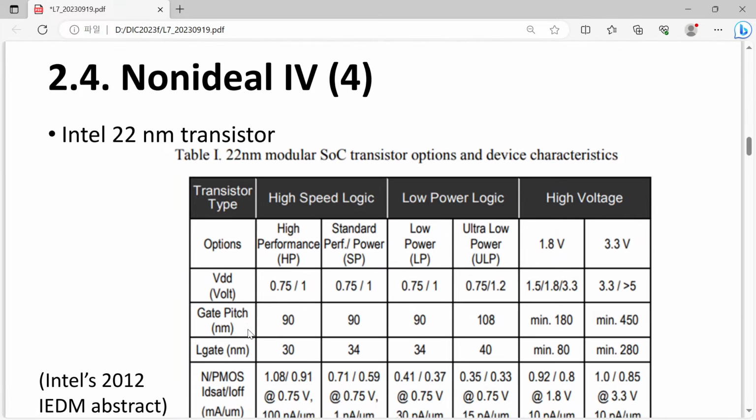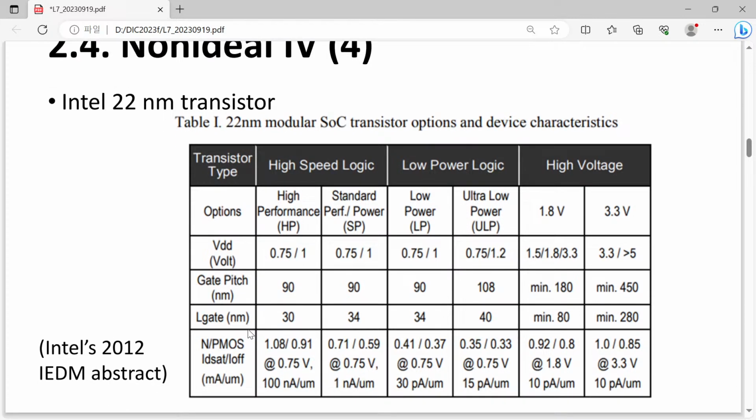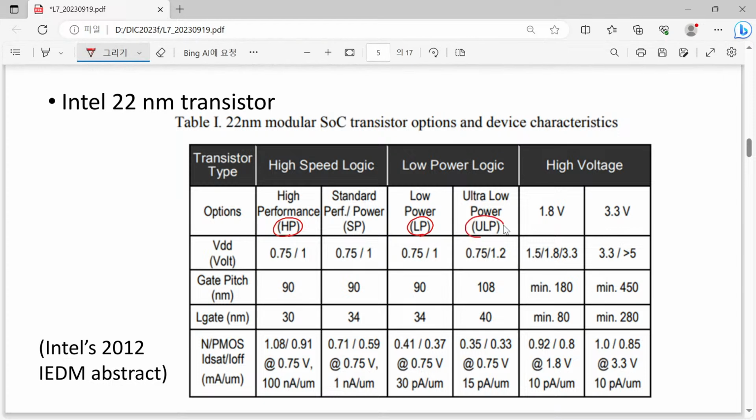Previously we thought about Intel's 32 nanometer transistor, and this is a similar one taken from 22 nanometer. So this is the 22 nanometer transistor, and you can see that here we still have high performance and low power, and now there is one more corresponding to ultra low power.